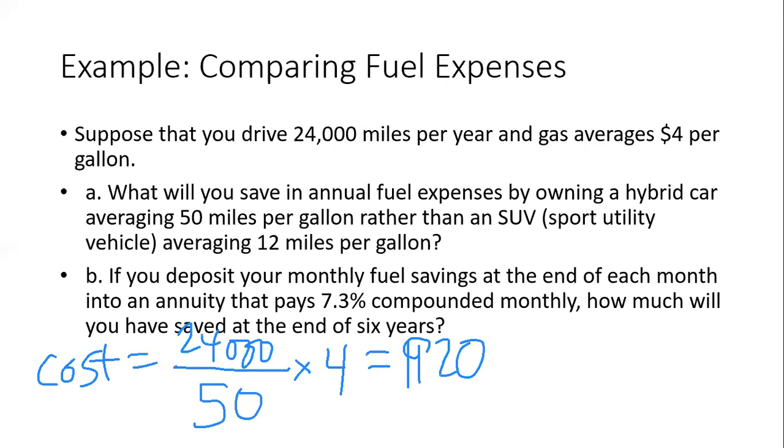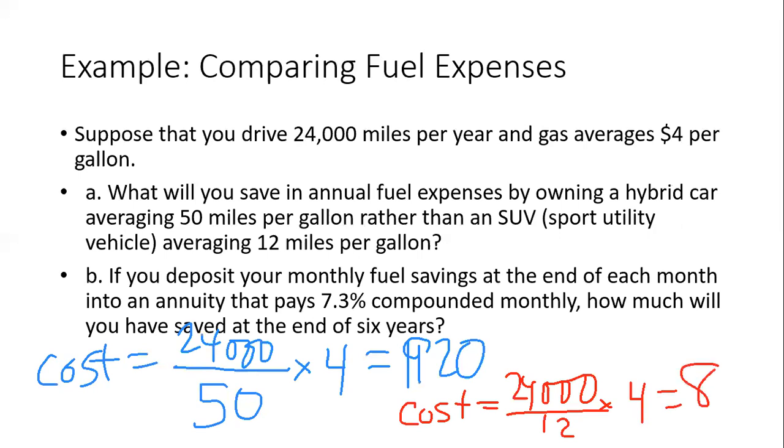And for the SUV, we have 24,000 still, but now the miles per gallon is only 12. Cost per gallon is still 4. When you multiply that out, it is $8,000. So that's a significant difference by driving a hybrid that has much higher miles per gallon.